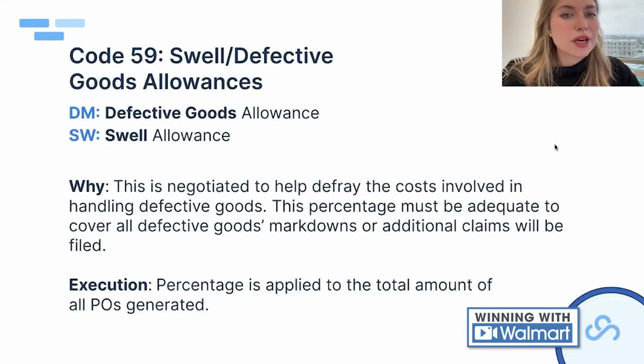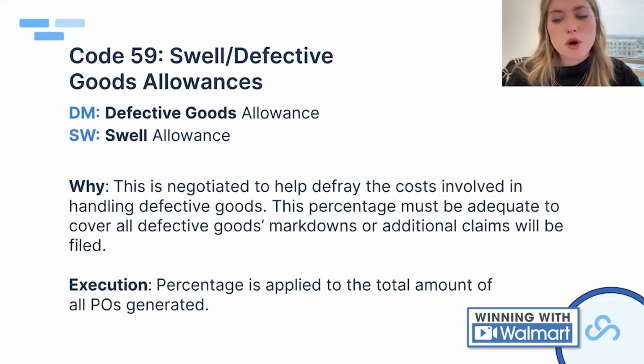All right, we got a code 59. This is a swell versus defective goods allowance. So how do we go and dispute that? Usually this is negotiated with your supplier agreement to help counteract the costs of handling defective goods.